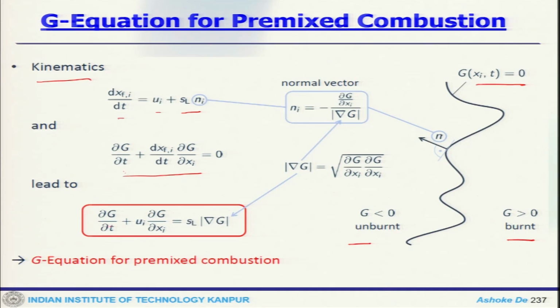Using these two, it leads to del G by del t plus ui del G by del x_i equals SL times modulus of gradient G, where modulus of gradient G is the square root of del G by del x_i del G by del x_i. This is the famous, well-known G equation for premixed combustion, where you track the flame front of this turbulent propagating flame.